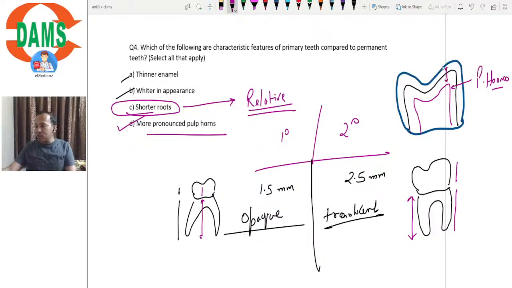The distance between the surface and the pulp horn would be less. So the pulp horns are higher in primary as compared to the permanent. In permanent, we have a thicker enamel layer, then a thicker dentine layer. So the pulp horns are relatively lower in comparison to the primary, isn't it? So option D is also correct. Is it clear?